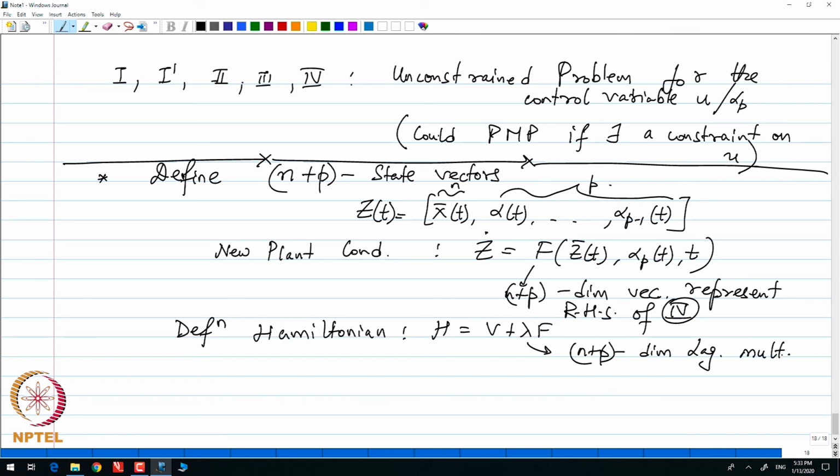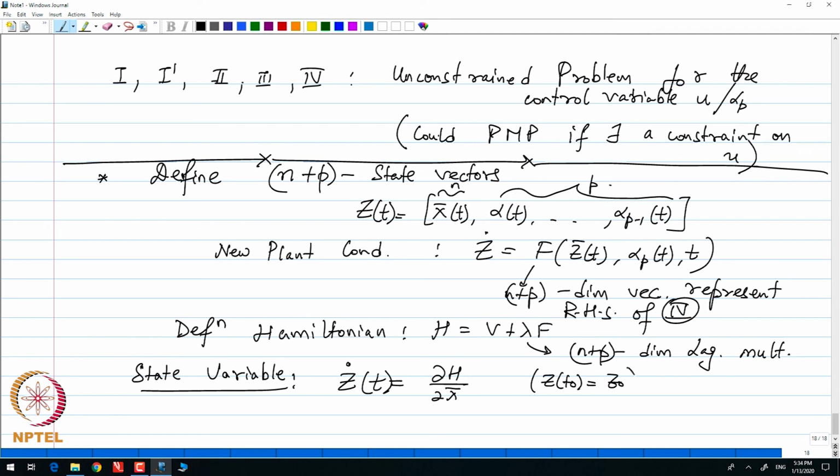And finally, let me complete this description by writing down the equations to solve. I have my state variables in the form of a vector equation. My state variables are z dot of t equals partial h partial lambda bar, right. So, that is how my state variables are, and then of course, with the given initial condition, I need the initial conditions as well.